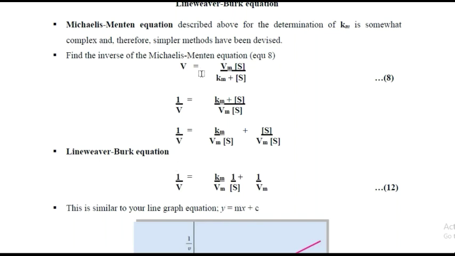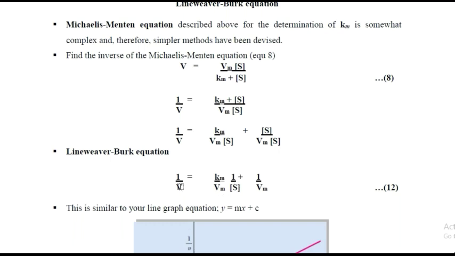This is equivalent to y equals mx plus c. From that, you can see that 1 over V represents your Y axis, Km over Vm represents your m, and x represents 1 over X, where X is the concentration of substrate, which is a variable and can change, then plus your c, your intercept, which is 1 over the maximum velocity. I believe you are familiar with that.